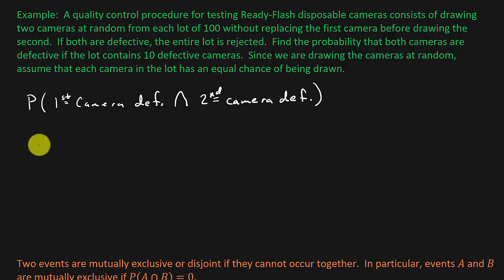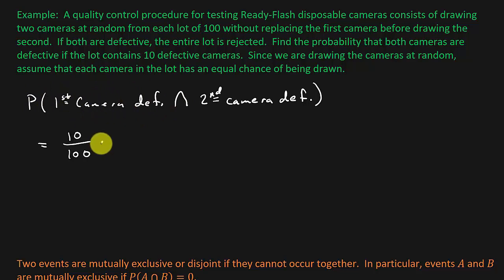So this is going to be the probability that the first camera is defective times the probability the second camera is defective. So what's the probability that the first camera is defective? Well, there's 10 defective cameras in the lot, and there's 100 total cameras. So that would be 10 over 100. So that's the probability that the first camera is defective.